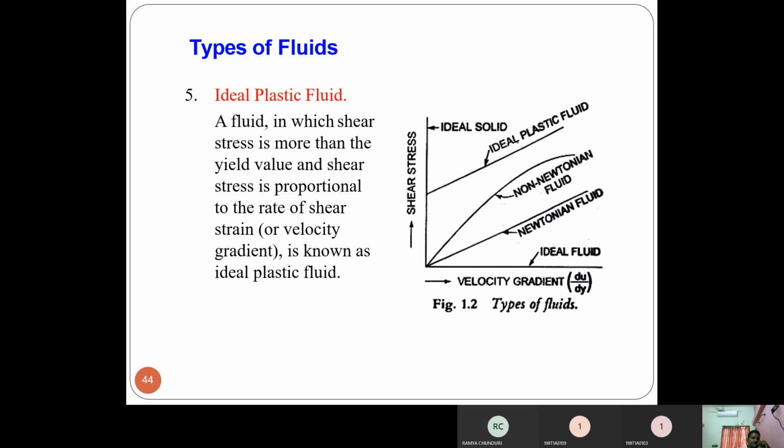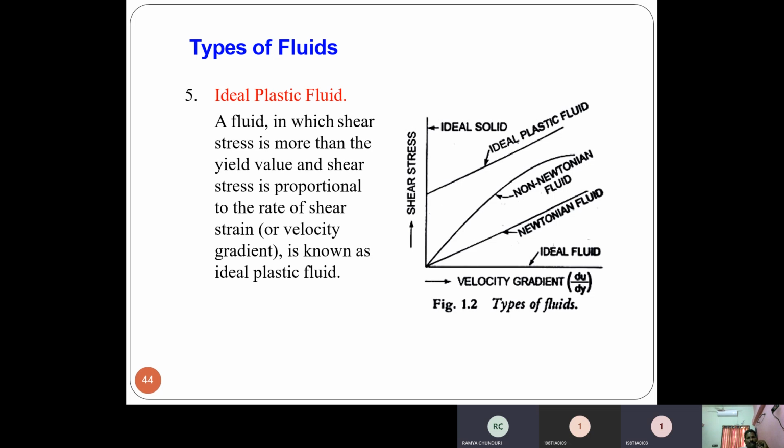Shear stress is more than the yield value. Yield value means zero, so it has a higher value than zero. After that particular point, shear stress varies linearly with the shear strain or velocity gradient. Such type of fluid is called an ideal plastic fluid.